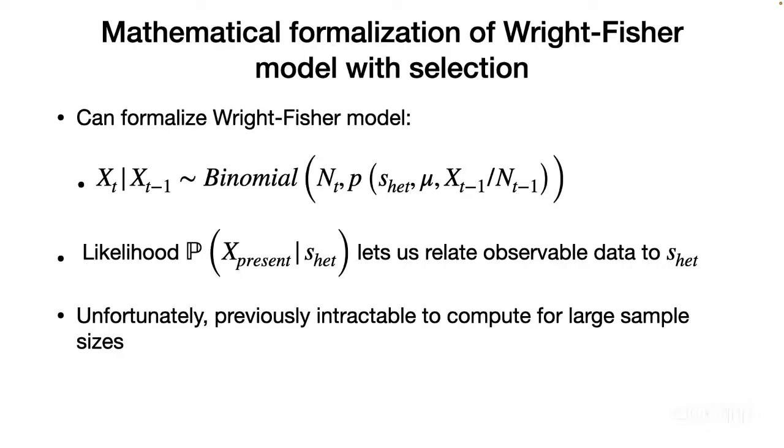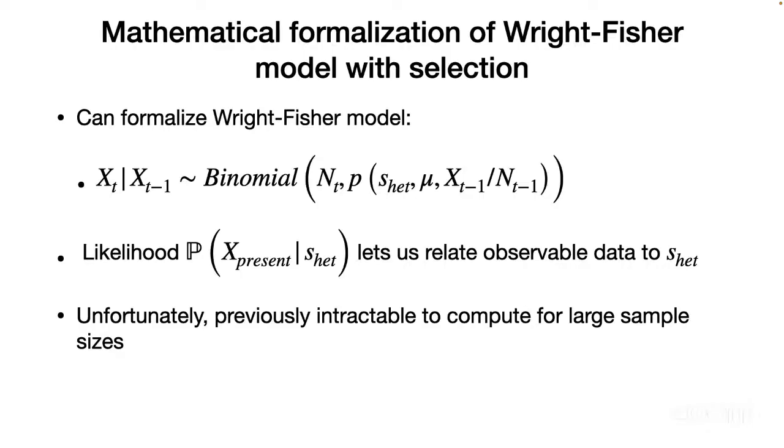Okay, and the upshot of all this is that we can think about iterating this process a bunch of times. So we start at some initial frequency, push that forward to the present day, and that gives us a likelihood, because this is a statistical model, of observing that frequency of loss of function variants given the selection coefficient. And so then we can think about turning this on its head.